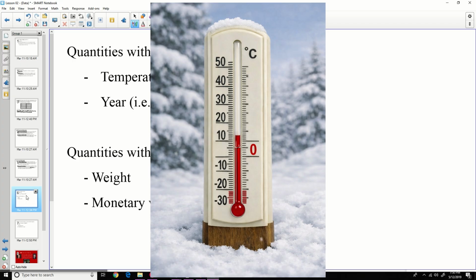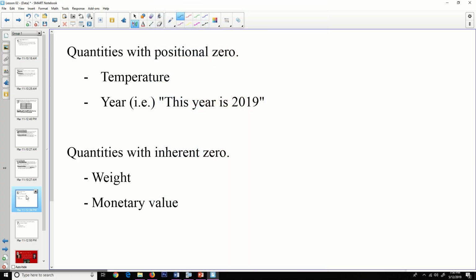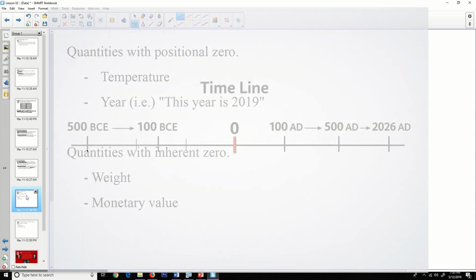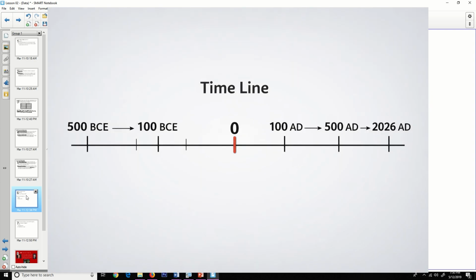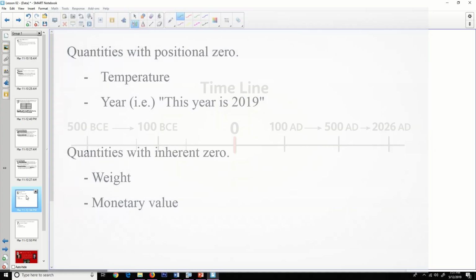But we can have values that are beneath that; minus 10 degrees does still mean something. The second example that I have for positional zero is the year 2019. Year has positional zero. We picked a value based on a certain concept of what we call year zero, but certainly there was time before that.